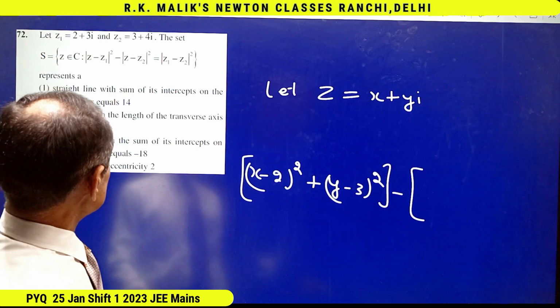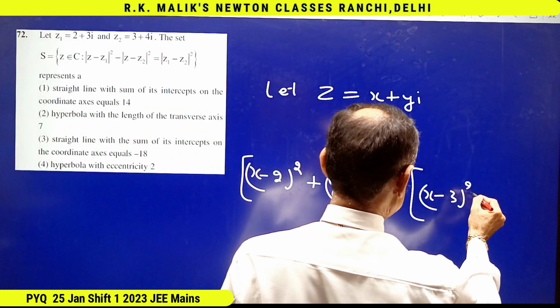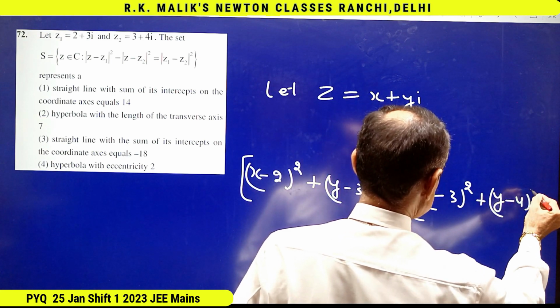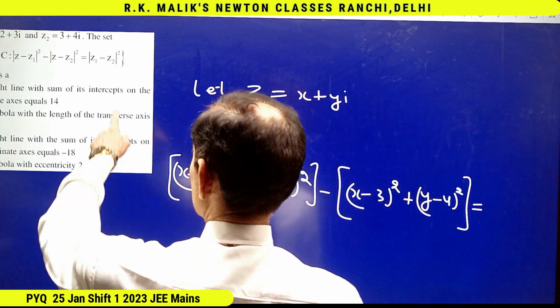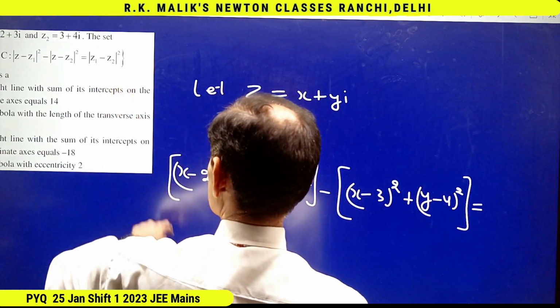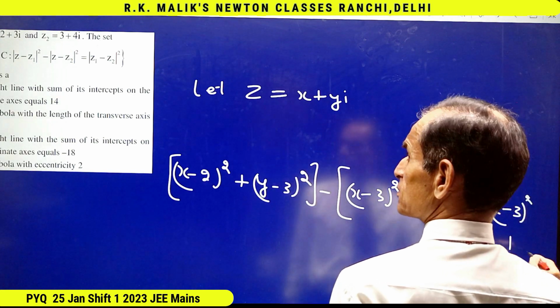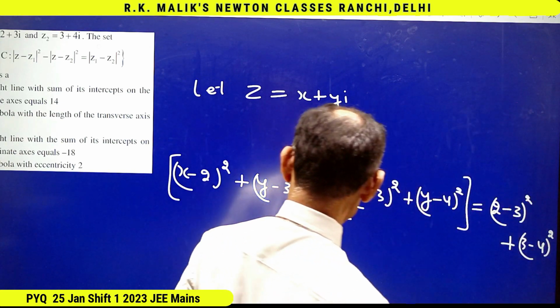This part means (x minus 3) whole square plus (y minus 4) whole square, and this is equal to mod of Z1 minus Z2, which means (2 minus 3) whole square plus (3 minus 4) whole square.